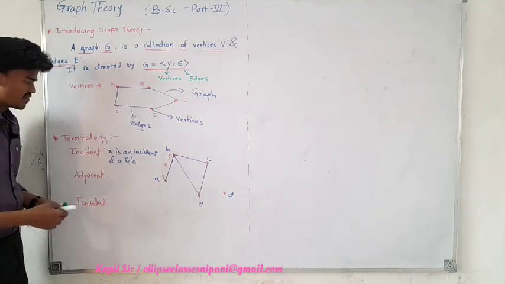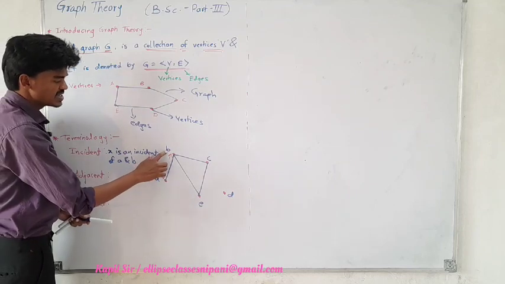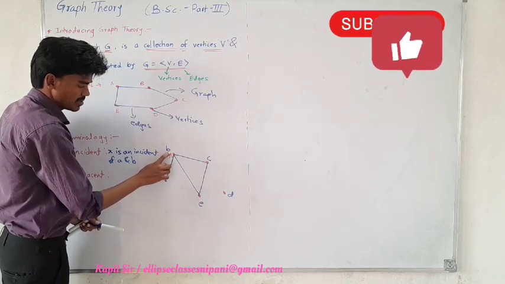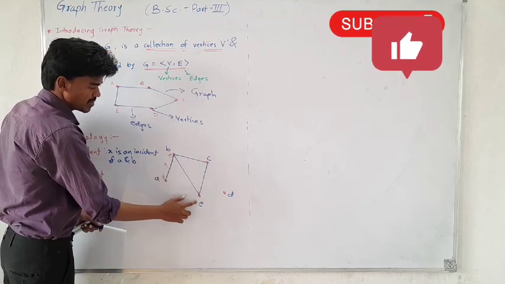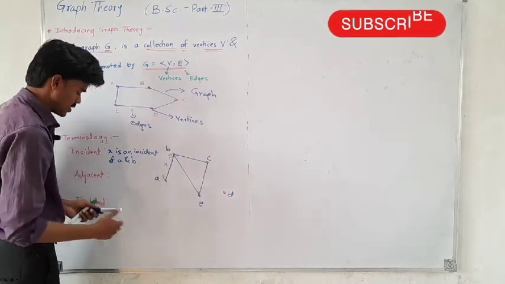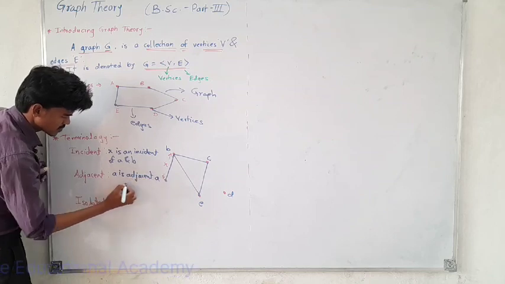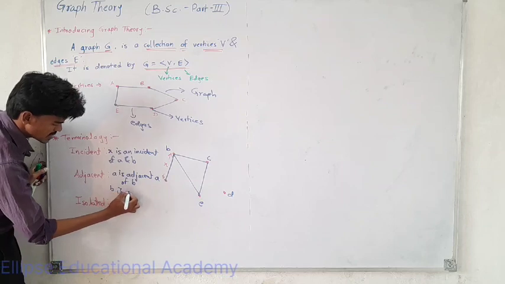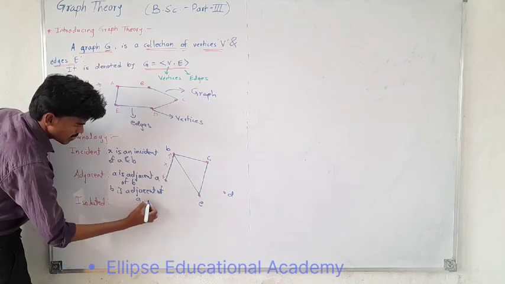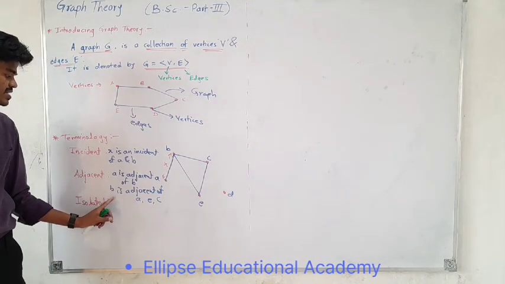Here we can define A is adjacent to B and B is adjacent to A. E is adjacent to C and B, and C is adjacent to B and E, not A, because C is not directly connected to A, so we can't say C is adjacent to A. Some examples: A is adjacent of B, and B is adjacent of A, E, C.